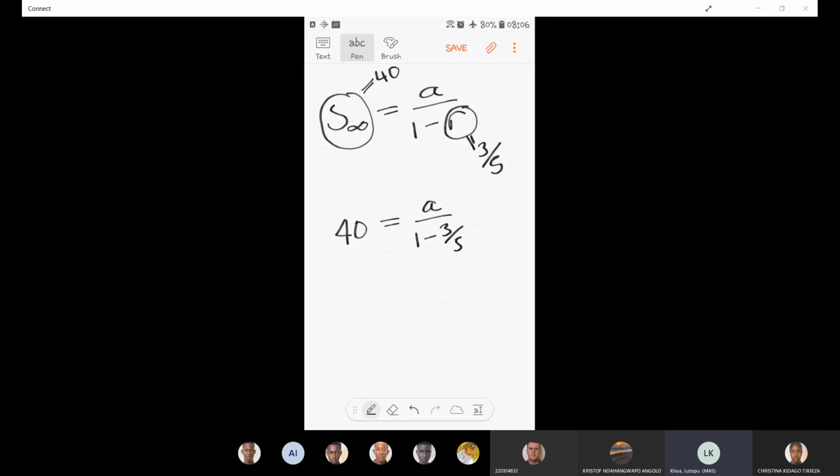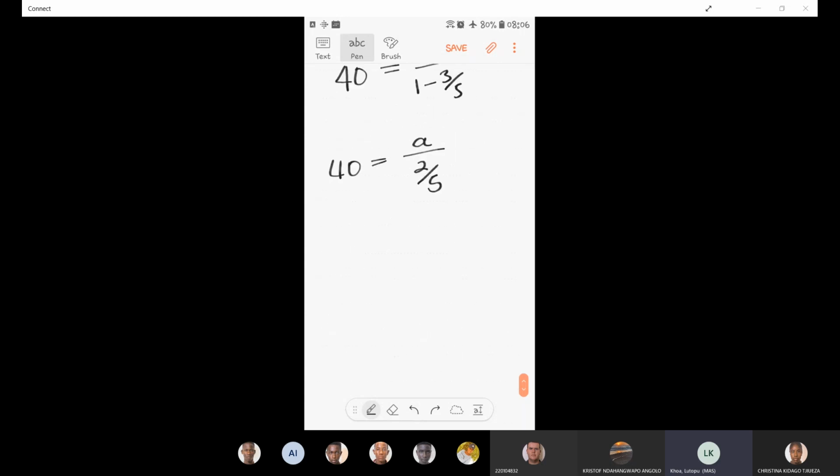So we just solve for A. So I have 40. This is equal to A over 2 over 5. And then you will multiply by 2 over 5 on both sides. And what you should get is 16.